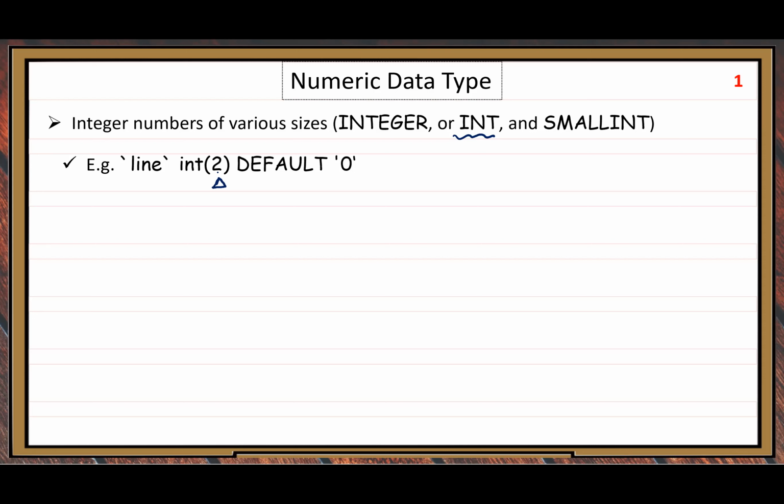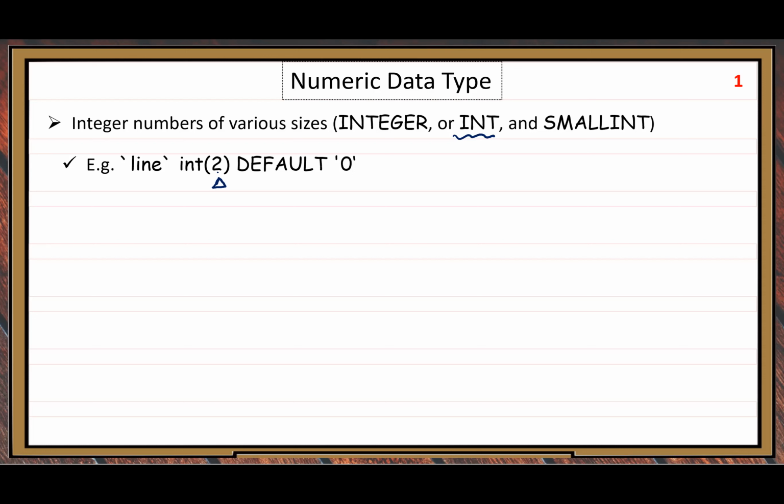Here you see the capital DEFAULT, but for the data type int, most of the time people use lowercase. DEFAULT single quote 0: if we do not provide this line value, they just use the 0 value.